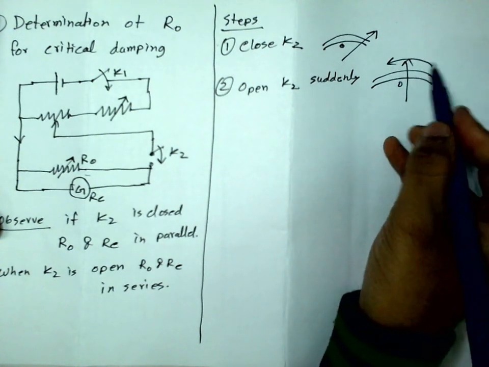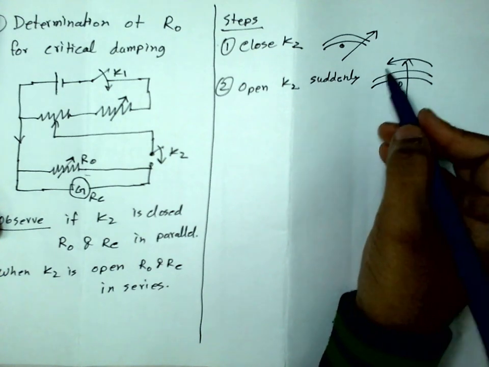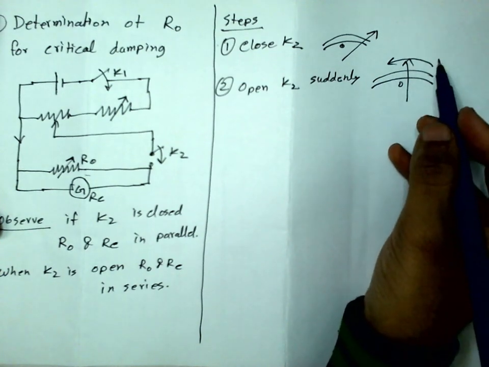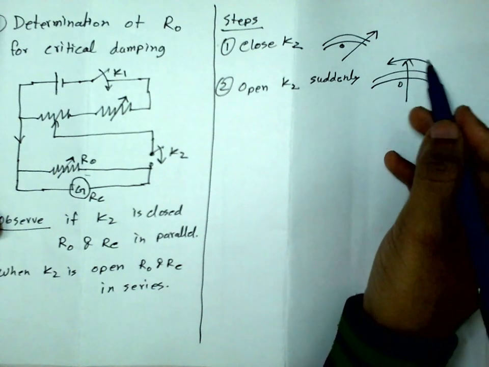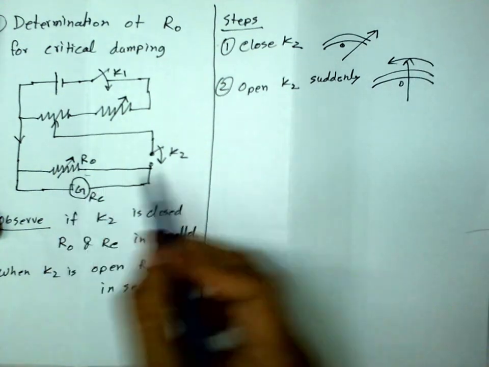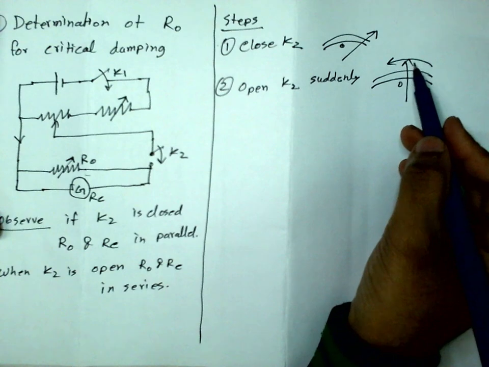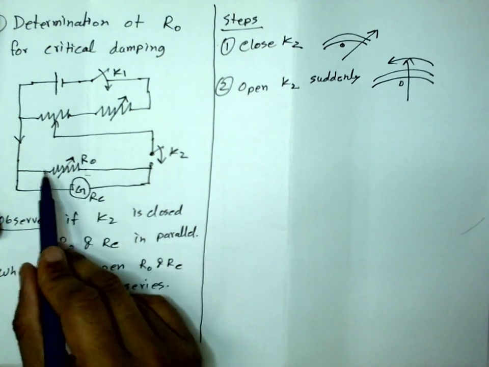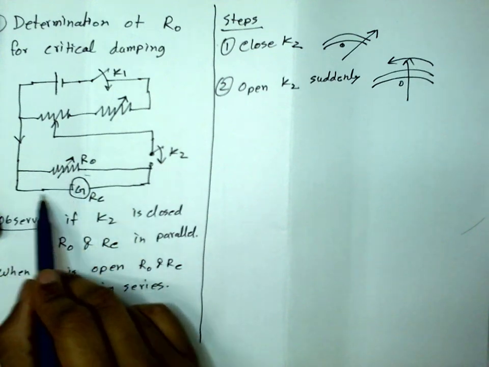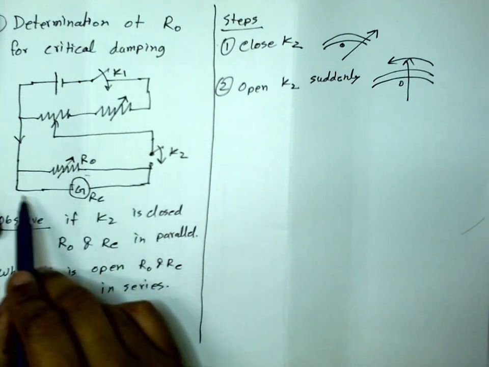But now it can oscillate, go back and forth. And while this coil is oscillating, when this pointer is oscillating, the eddy current that will be generated in the coil will now have a closed path through this RO.